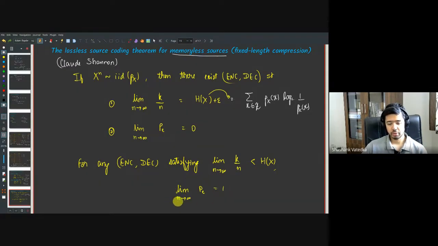The asymptotic probability of error, in fact, tends to 1 as n tends to infinity. All right. So the lossless source coding theorem says that if you want to compress an IID sequence, you can achieve an asymptotic rate which is close to the entropy, but never below the entropy. Okay, so the entropy is in some sense a fundamental limit for the fixed length lossless source coding problem.